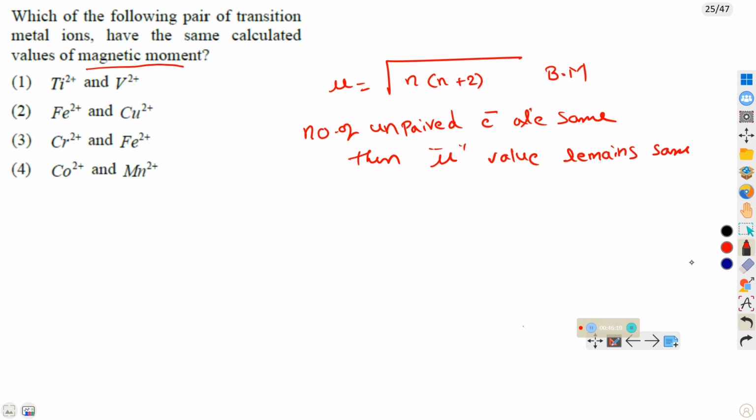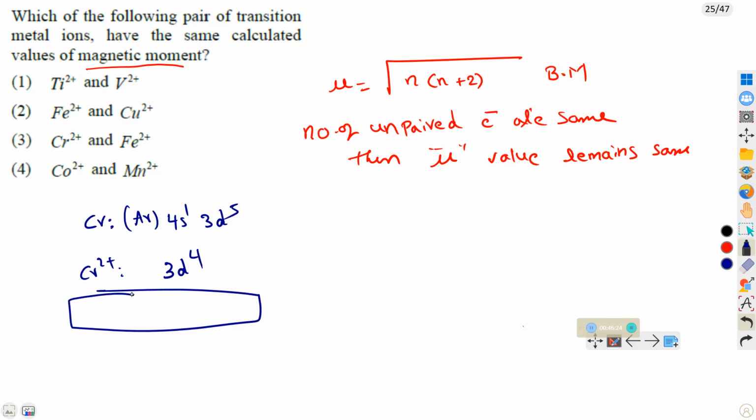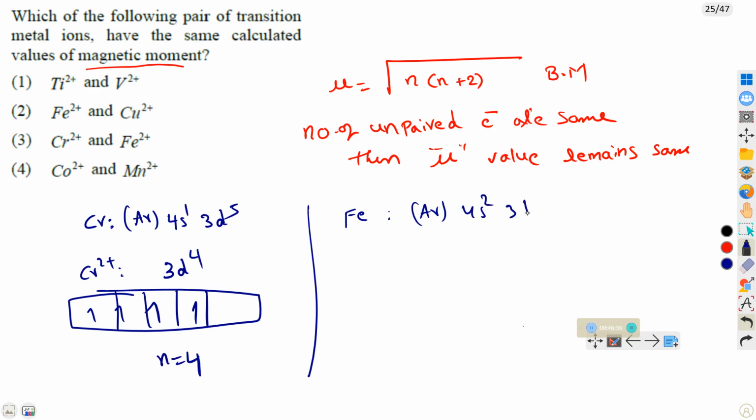For example, chromium electronic configuration is argon 4s1 3d5. Remove 2 electrons, then argon 3d4. 3d4 contains how many unpaired electrons? 1, 2, 3, 4. N value is equal to 4. Iron you can take, argon 4s2 3d6.